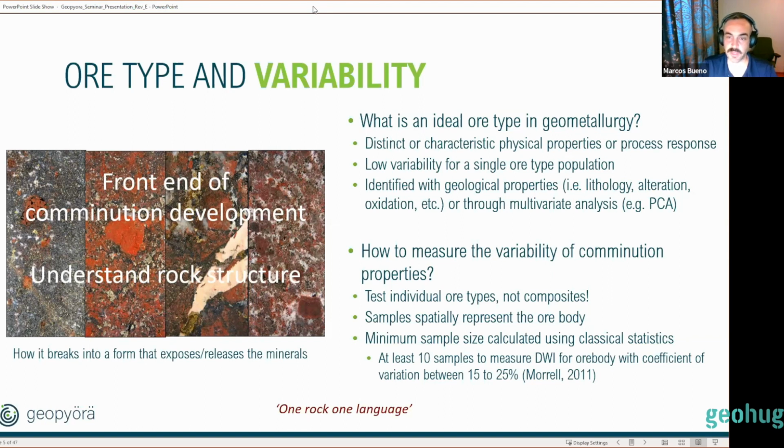That's why we need to test really small samples, because typically in comminution you end up compositing a lot of material in large samples that sometimes weigh up to 50 kilograms, and then you're mixing a lot of different textures and mineralogies, and you end up with averaged results that will not always be representative of the true variability of the hardness of rock in mines.